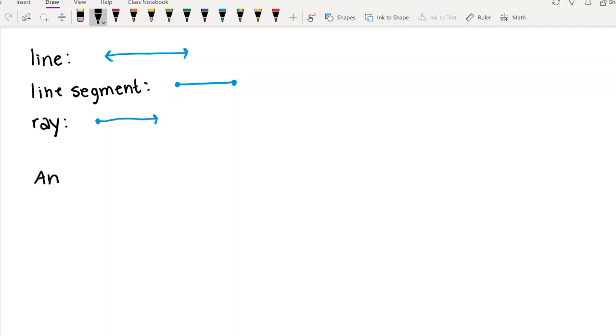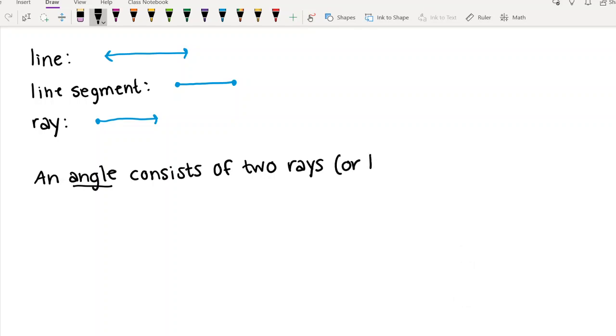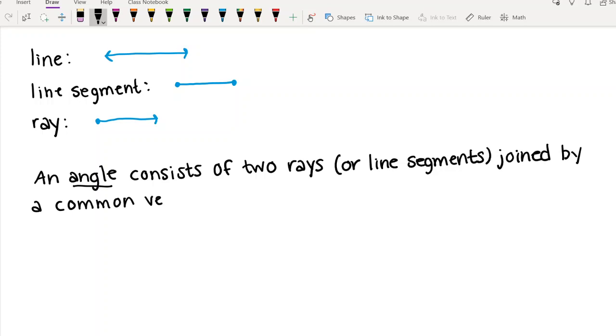So an angle consists of two rays, rays being the thing we just defined above, or it could be two line segments, joined by a common vertex.